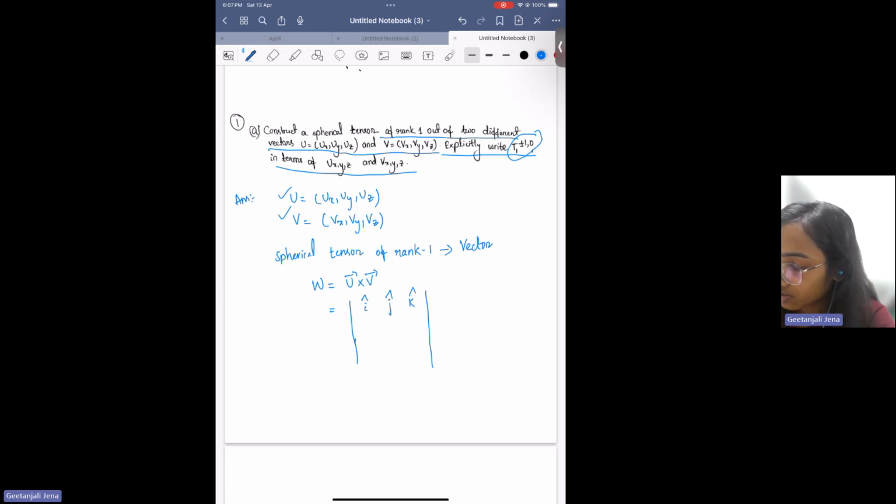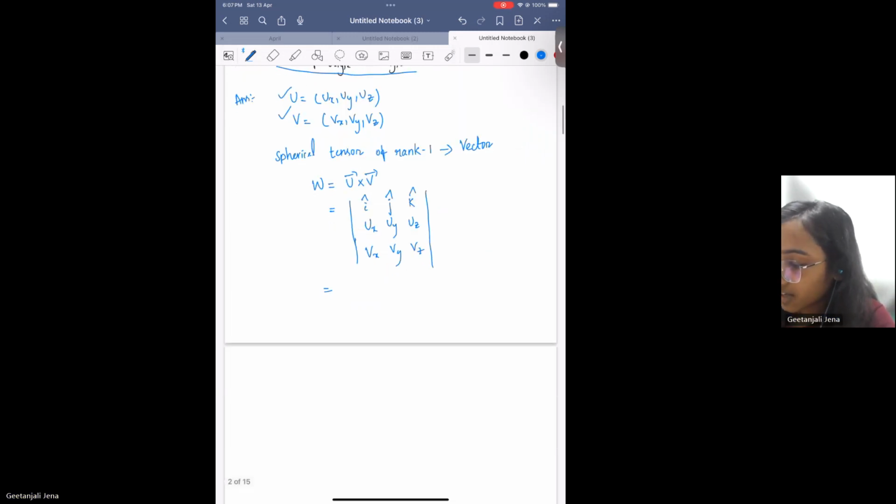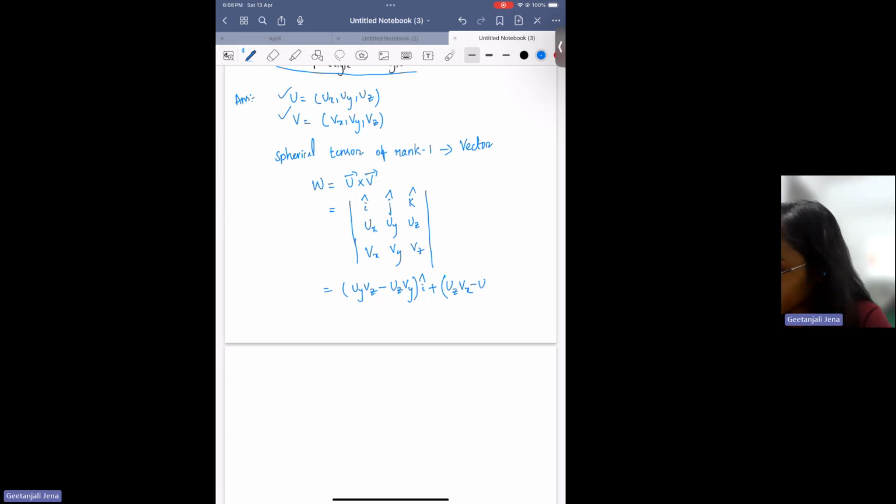Now let us calculate the expression of this cross product. How can you calculate the cross product? It is nothing but the determinant with rows i, j, k; ux, uy, uz; vx, vy, vz. Now you can write it in terms of the components: for i it is uy vz minus uz vy, plus for j it is uz vx minus ux vz, and the last one for k is ux vy minus uy vx.